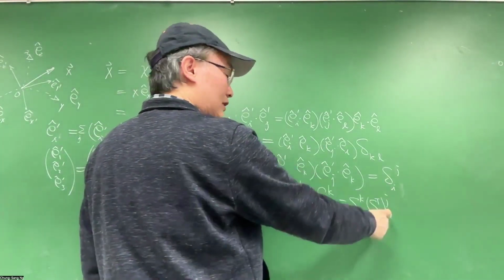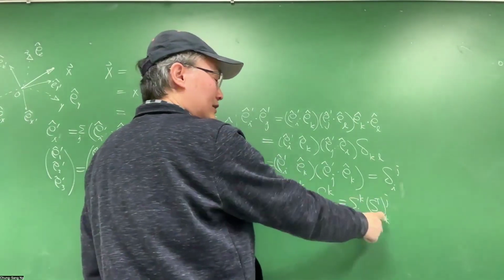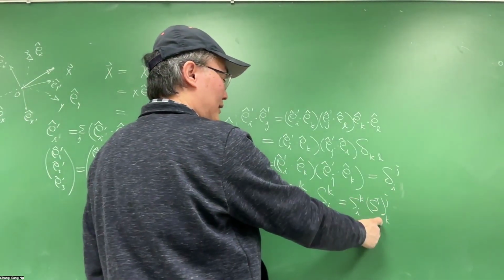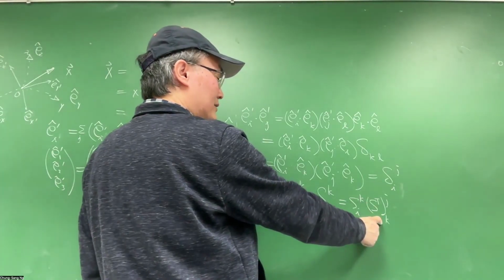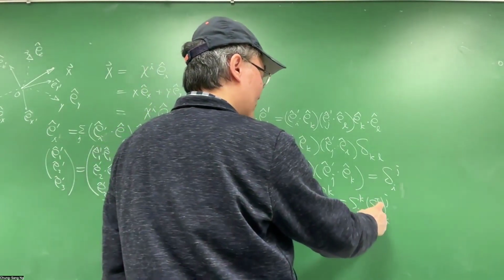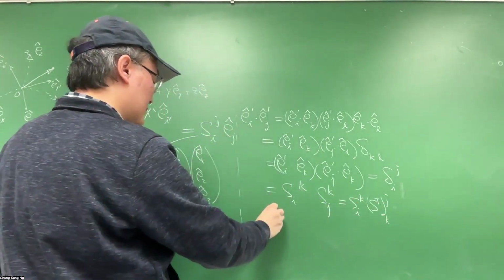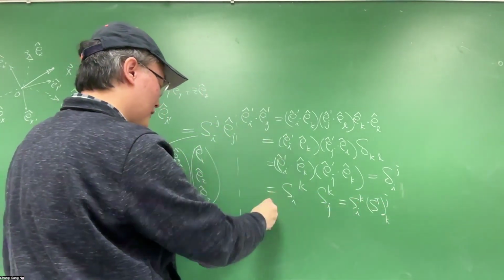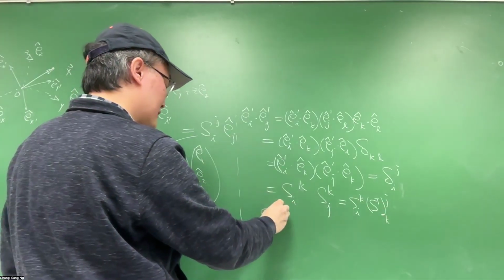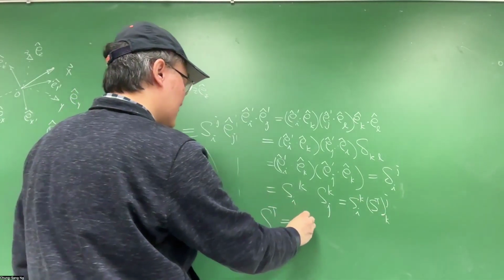But anyway, I changed the order. Now this looks like a matrix multiplication. It means the S transpose is the inverse of S. So at least for our case of Cartesian coordinates, S transpose is S inverse.